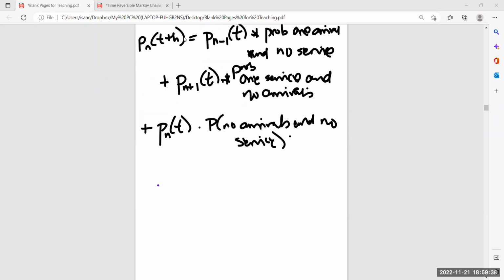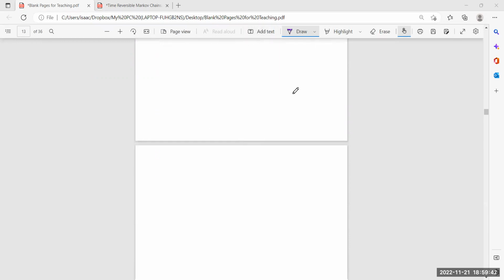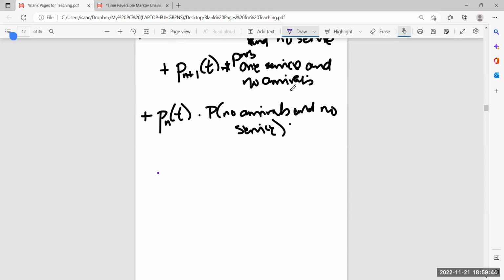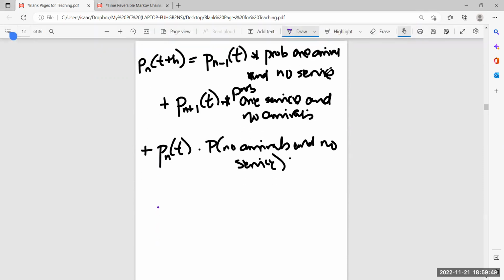Let's rewrite this big expression that I have here in terms of these probabilities.